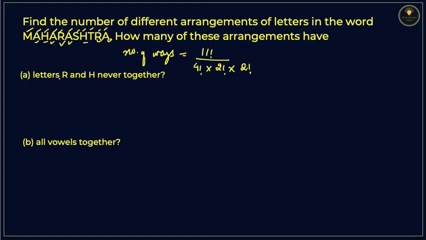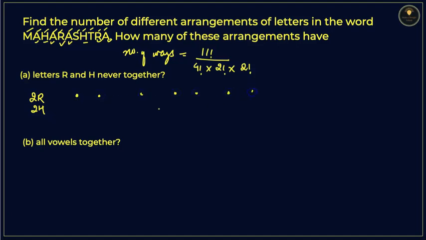Now let's understand the first condition, that the letters R and H are never together. There are 2 R's and 2 H's. If we remove them, we have 7 letters remaining. We place these 7 letters like this.